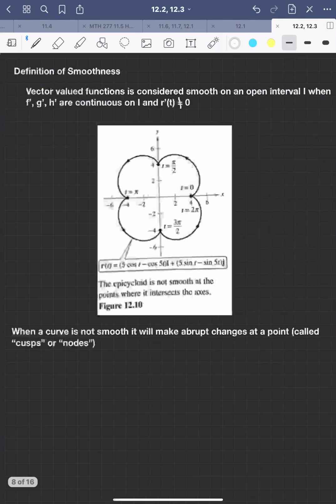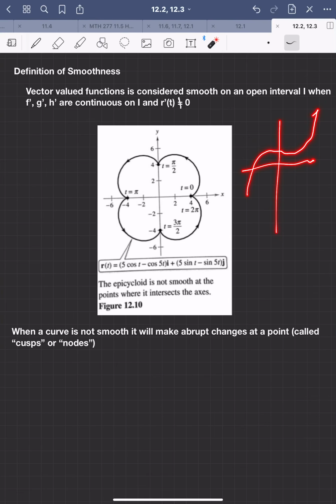Well, I want to talk about a concept of what we call smoothness in mathematics. So like intuitively, if I were to say a curve is smooth, our intuition can fill in the gaps, right? Most students can kind of envision what a smooth curve would look like, and most students can envision a curve that's not smooth, right?